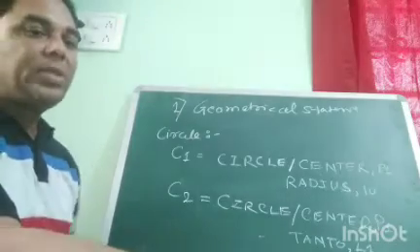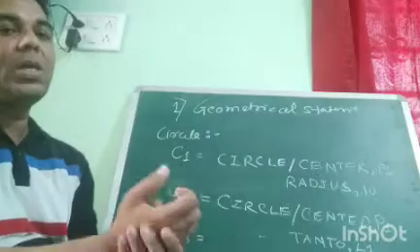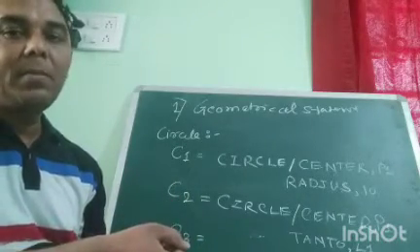Okay. Now next is circle C3. A circle C3 passes through points P1, P2 and P3.